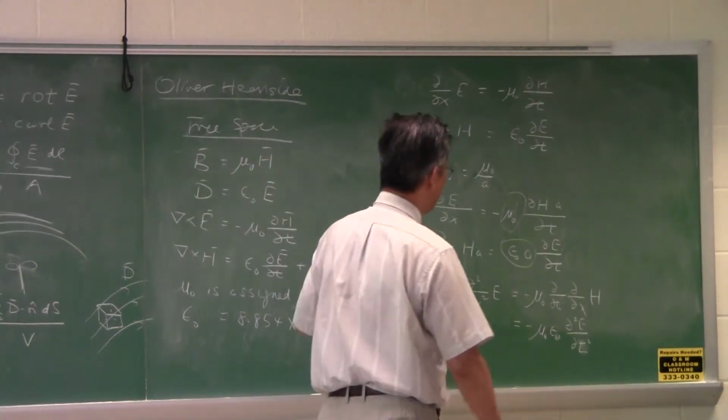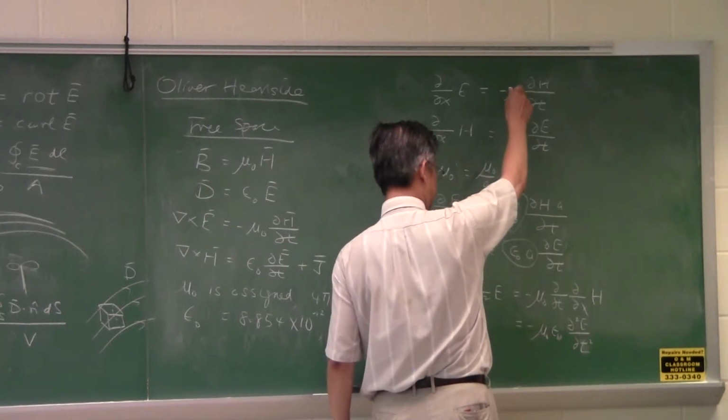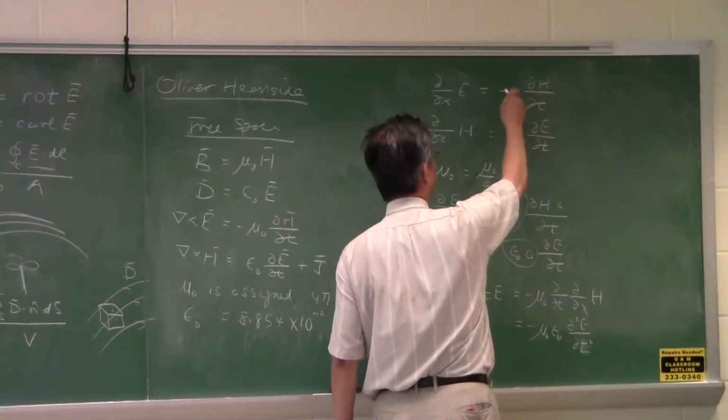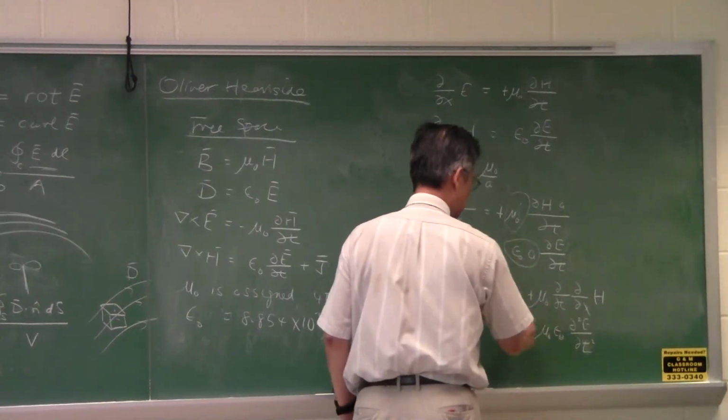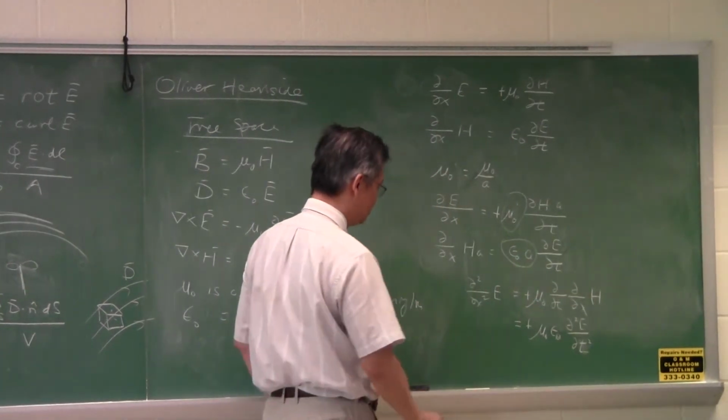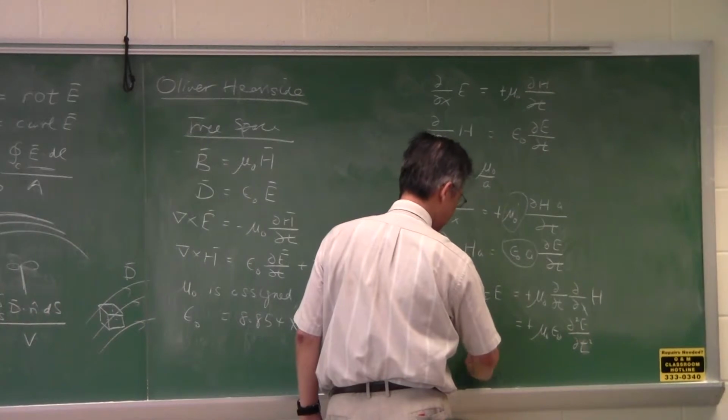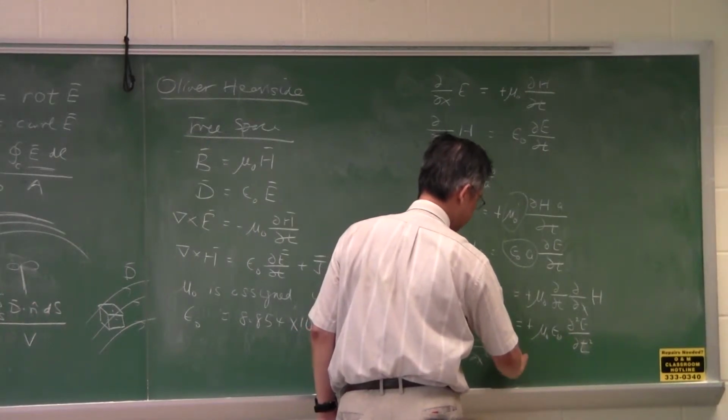Yeah, I think this should be a plus sign, otherwise I won't get the wave equation back. Okay, plus sign. Okay, then I have this wave equation back. You probably have learned this as a wave equation.